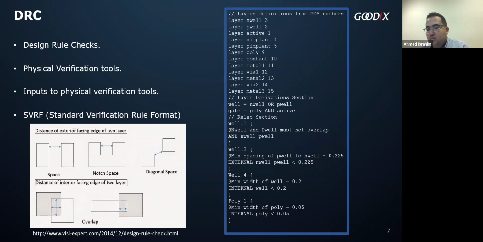So if you know the concept of layer mapping, the GDS always has only numbers, but we have layer names, so we always have a layer map in almost every physical design tool. We need a layer mapping file to tell the tool that the GDS number that you find actually corresponds to the layer with name metal 1, for example.